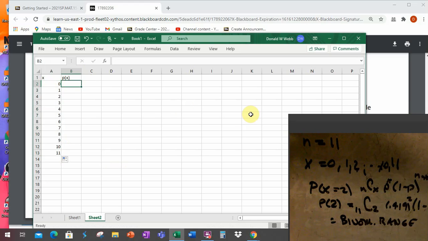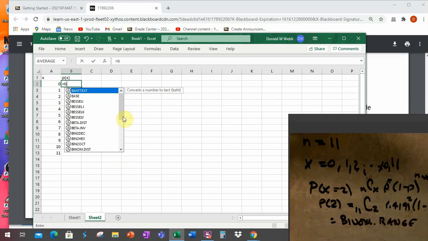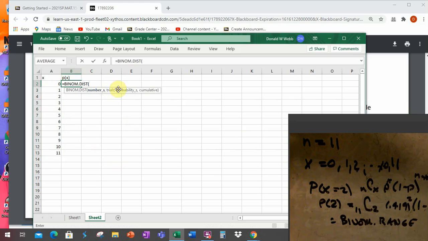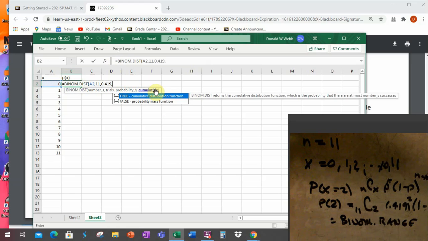And then the probability is equal to the binom.dist. I don't use the range. This is why I use this one most of the time. For the number of successes, I'm just going to click on that. See where that's A2? That says this is the one that I'm going to use. My trials is out of 11. That's a constant. My probability of success is the 0.419. That's what I'm picking here, comma, and then it switches over here.